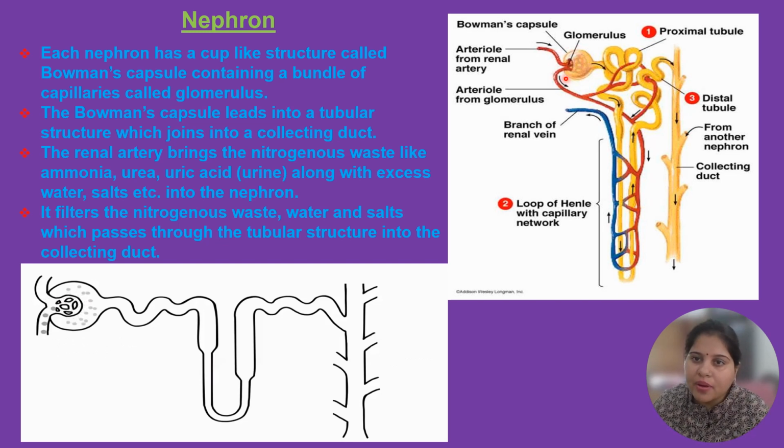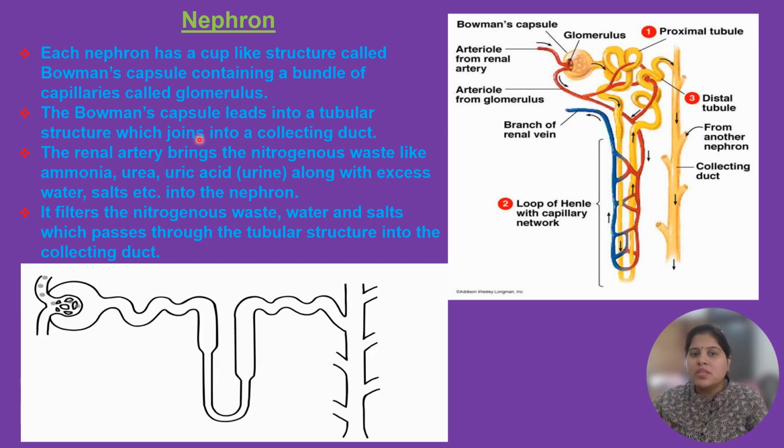In this diagram you can see this cup-like structure. In this Bowman's capsule many blood capillaries are there. Many capillaries will be there, and this bundle of capillaries is known as the glomerulus.